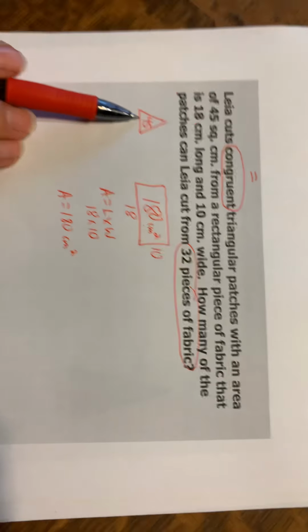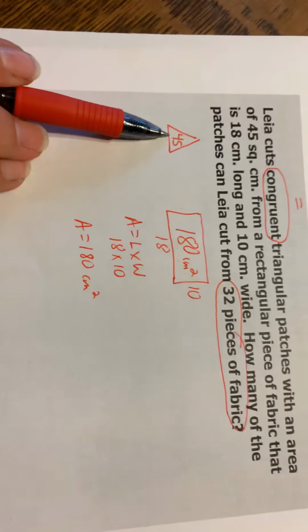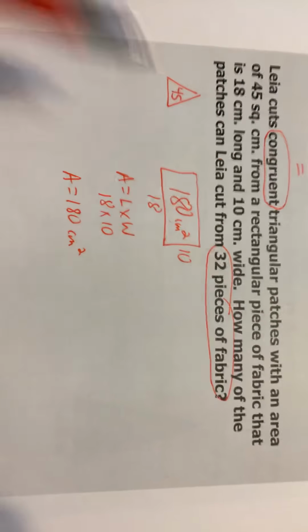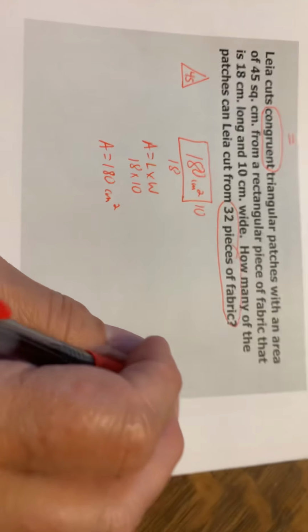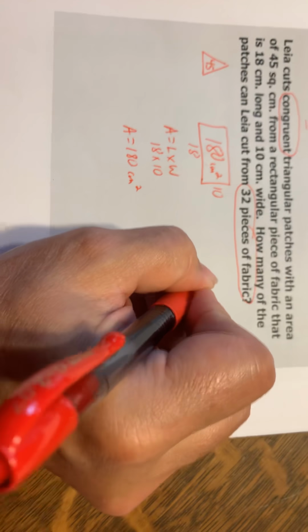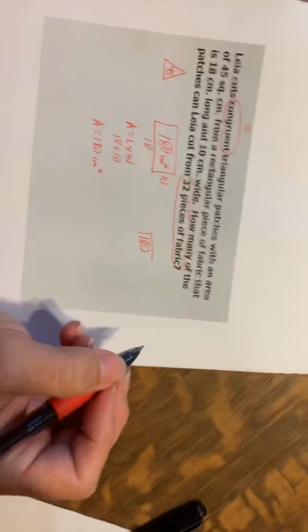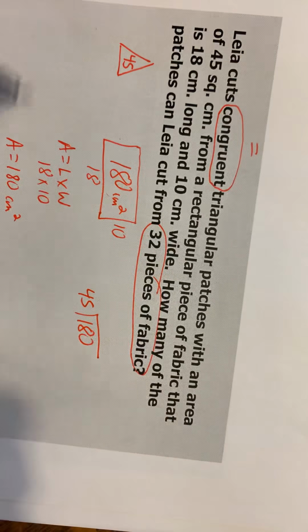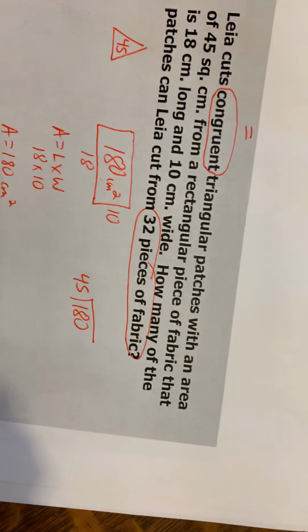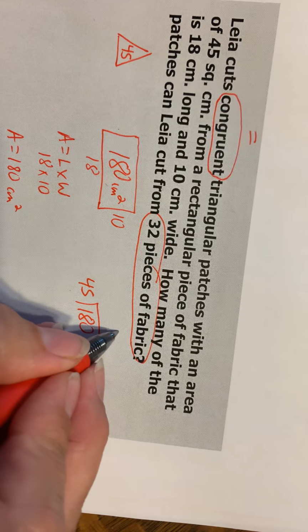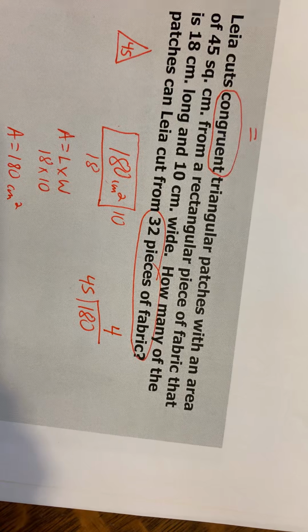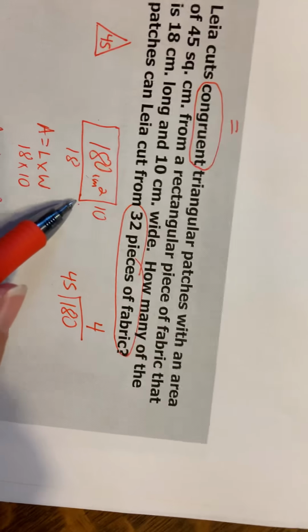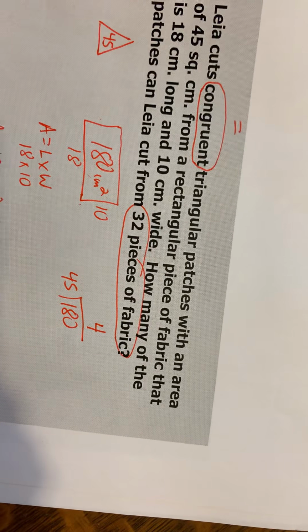So how many of these patches, these triangular patches, can I get out of that 180? So I'm going to take the 180, the area, and divide it by 45, which is the area of the triangle. And when I divide that out, I find that I can get 4 triangles out of one rectangular fabric piece.